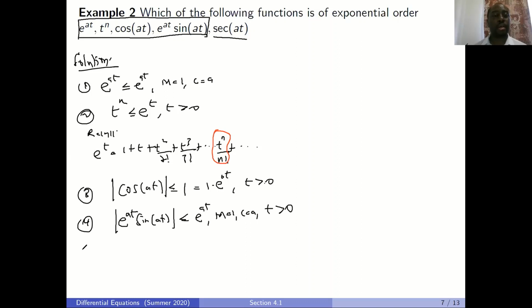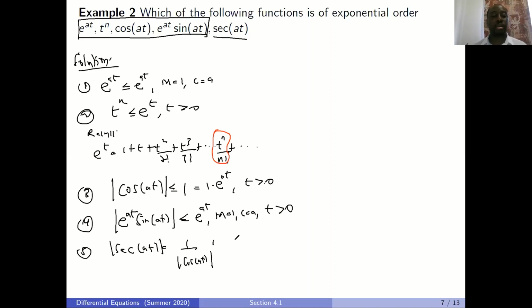But then the fifth one, the secant of at, this is 1 over the absolute value of the cosine of at, right?